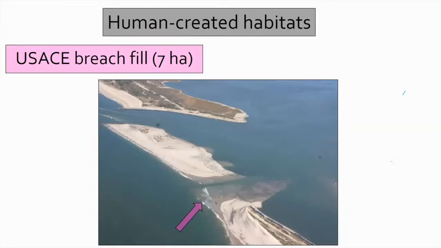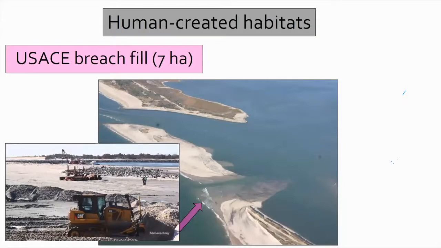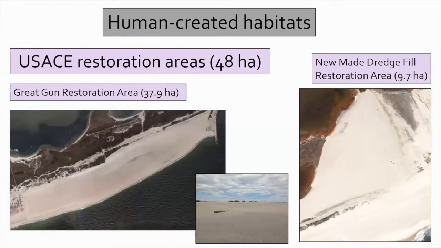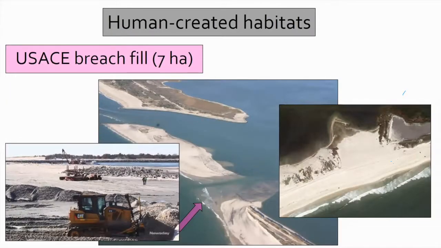So in other locations, we witnessed the breaching of the island, which is where the ocean waters rush across the island, entering the bay waters. And in 2 locations, the US Army Corps of Engineers actually filled these sites, which resulted in these areas of exposed unvegetated dry sand.